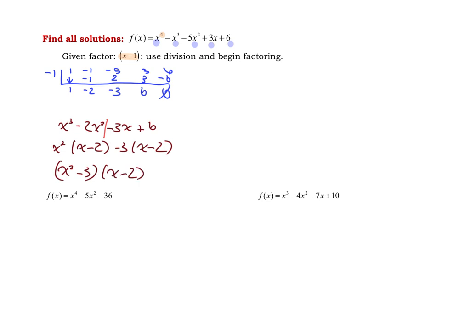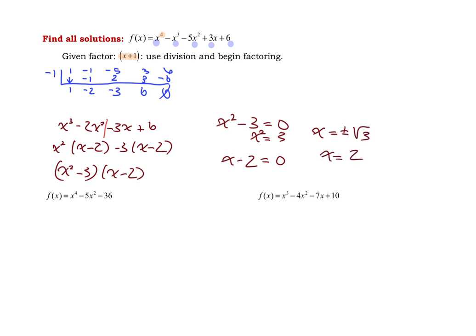So now I take each of those factors, x squared minus 3 and x minus 2, and solve them. I'm going to add the 3 and square root both sides. Don't forget that plus or minus. And then add that 2.